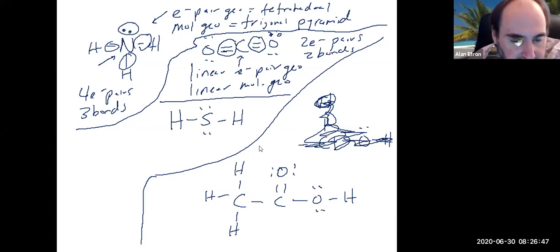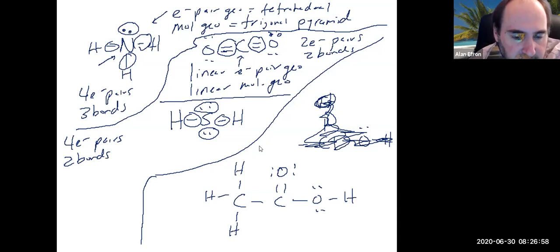And this guy here, if we look at it, has 1, 2, 3, 4 electron pairs, but only 2 bonds. So 4 electron pairs in terms of electron pair geometry is going to be tetrahedral.